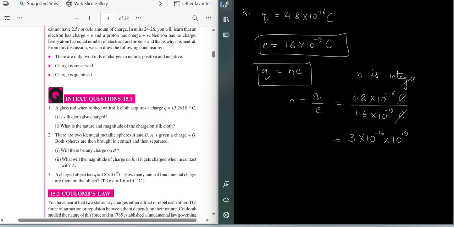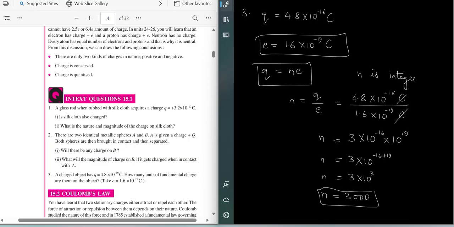Now the exponent property is that if the base is the same, in this case 10, and we are multiplying two numbers which are exponents, then the exponents get added up. So 10 raised to minus 16 plus 19 is 10 raised to 3. What is 3 into 10 raised to 3? It is nothing but 3 into 1000, which is 3000.